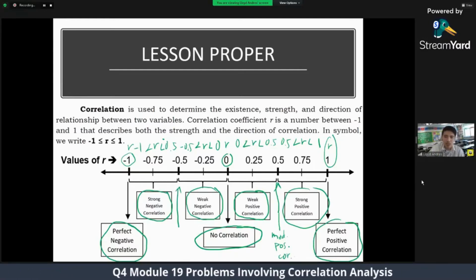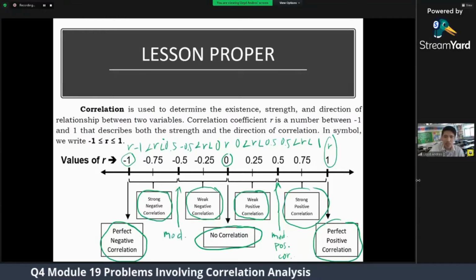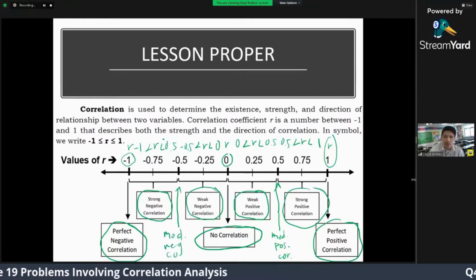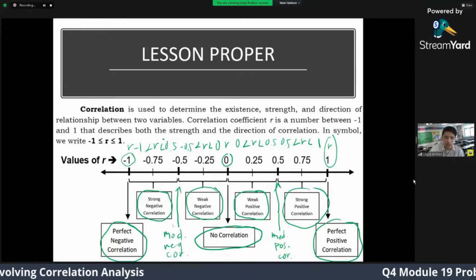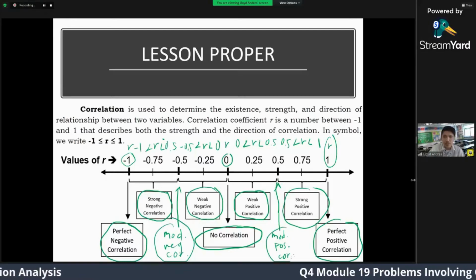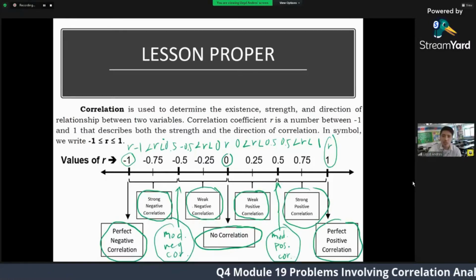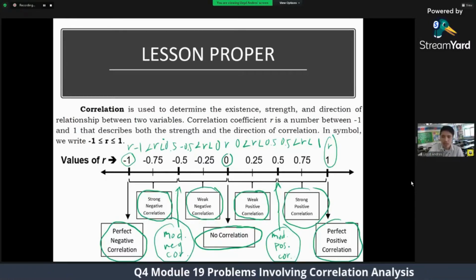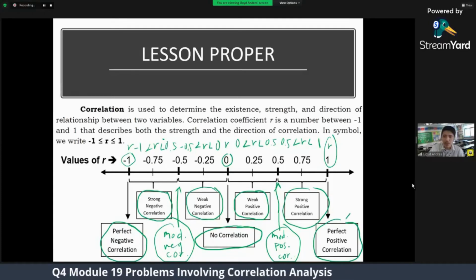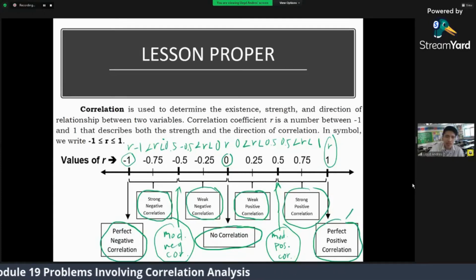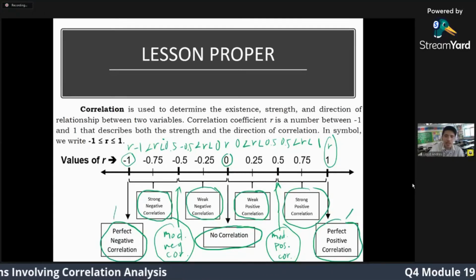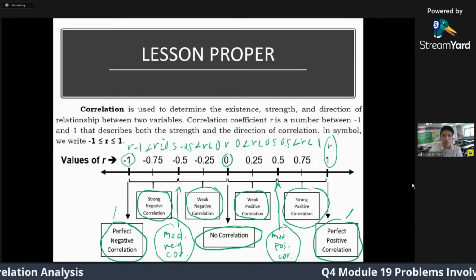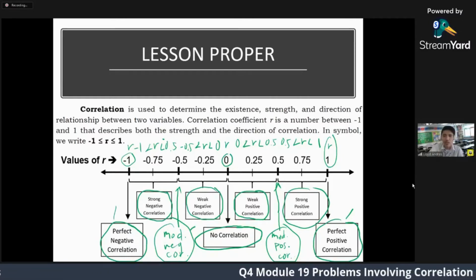You can also say moderate negative correlation. So, pwede na ito na idugang diha. No correlation kung exactly 0. Kung exactly 1, perfect positive. Exactly negative 1, perfect negative. Exactly negative 0.5, moderate negative correlation. Exactly positive 0.5, moderate positive correlation.